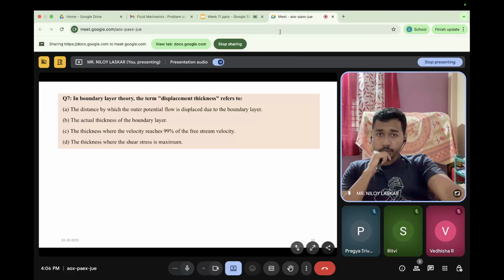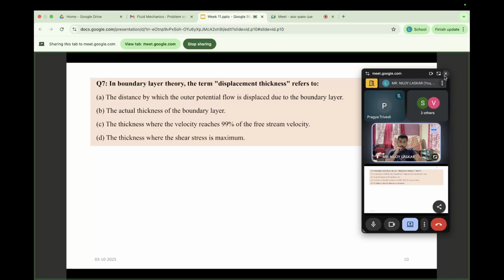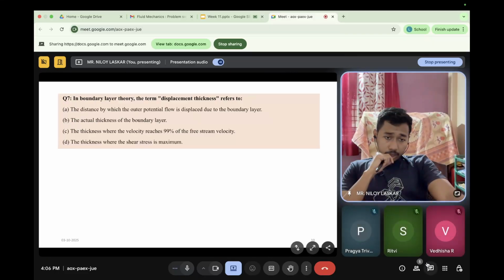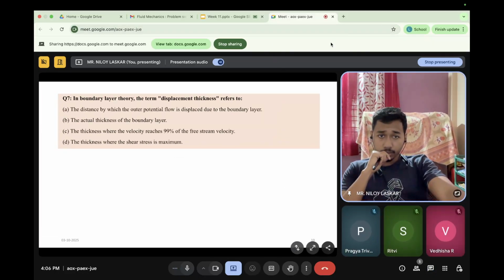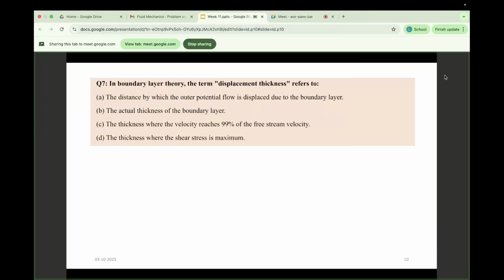Okay, I am giving you this idea about this concept. So, Pragya answered option A. Yes, Pragya, your answer is correct. So now I am solving this for others.